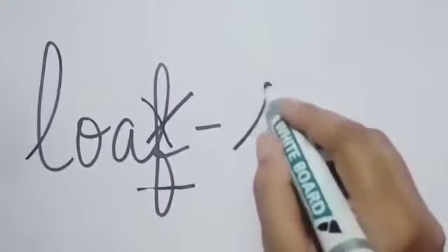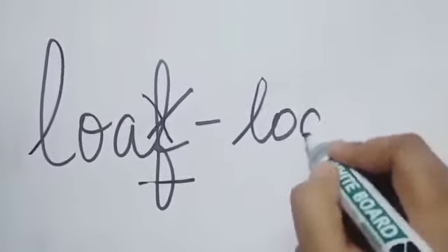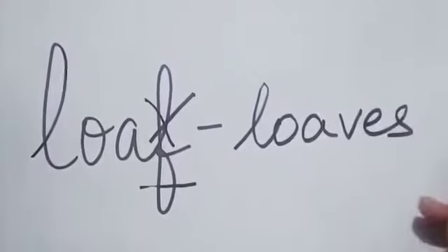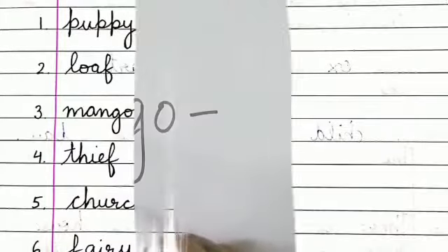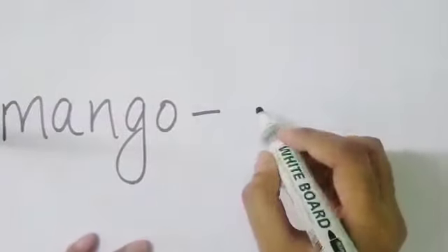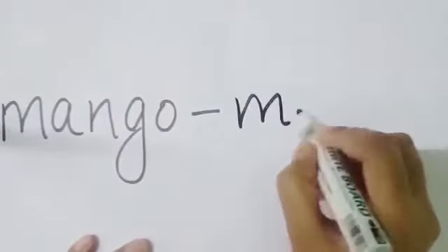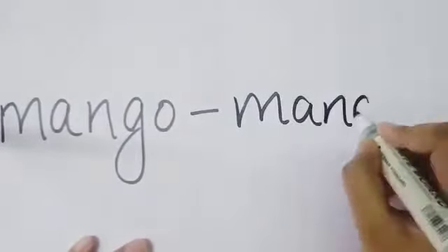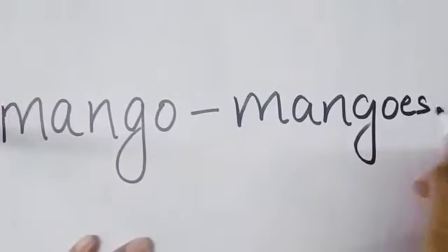So loaf will be loaves, L-O-A-V-E-S. Number 3 is mango. Children, in the spelling of mango, O is given. As I have already told you, when O has a consonant before it, we are going to add ES to make it a plural form. So mango will be mangoes, M-A-N-G-O-E-S.